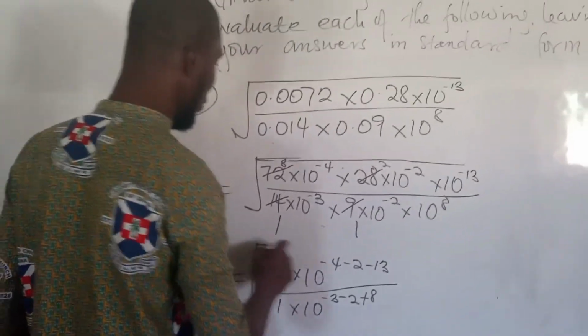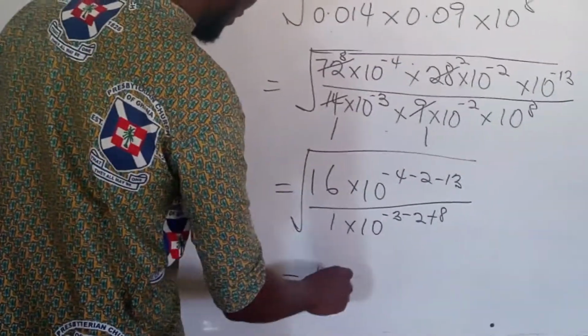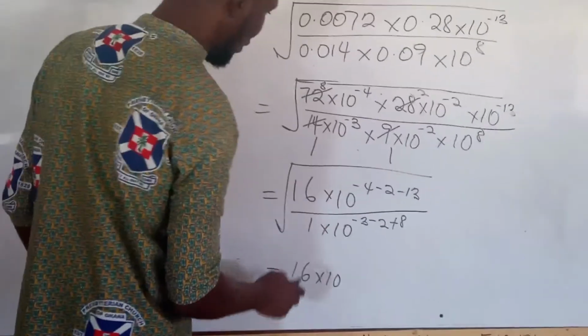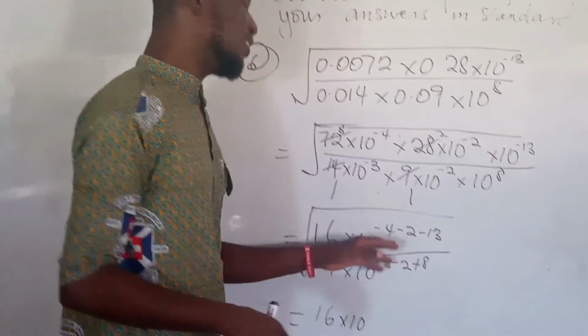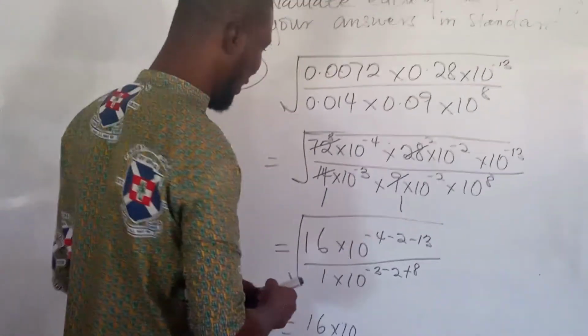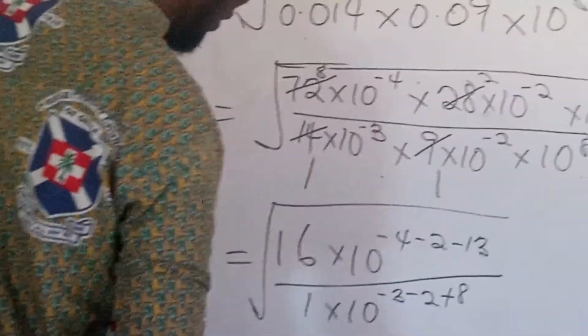Don't forget to bring your root, it's still in the square root. Then this will give us 16 times 10 exponent negative 4 minus 2 is negative 6. Then negative 6 minus 13 is negative 19. So negative 19.